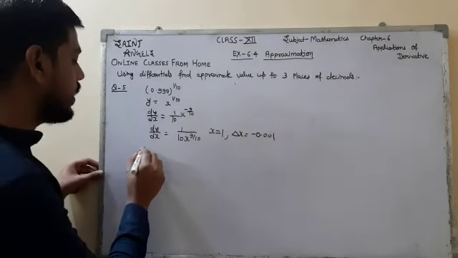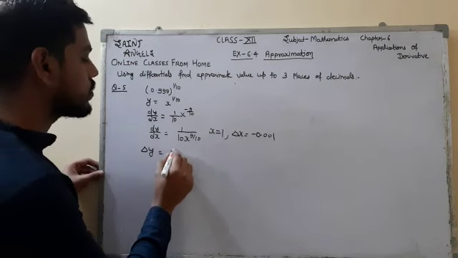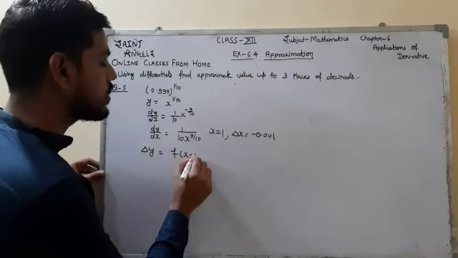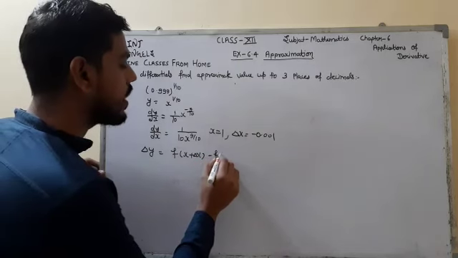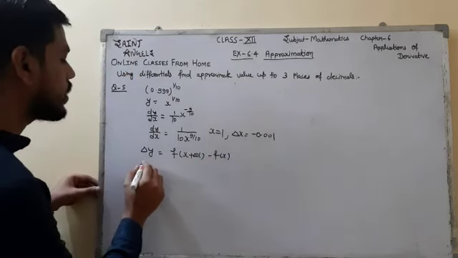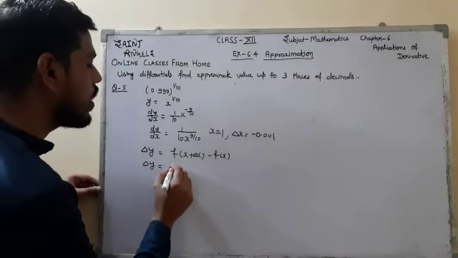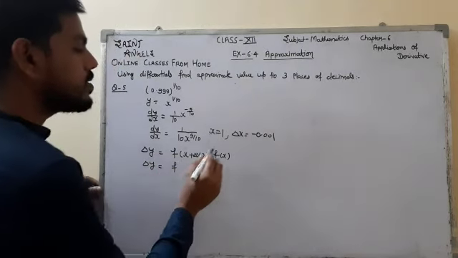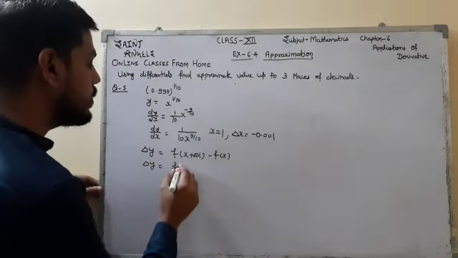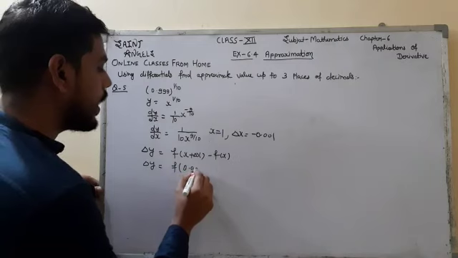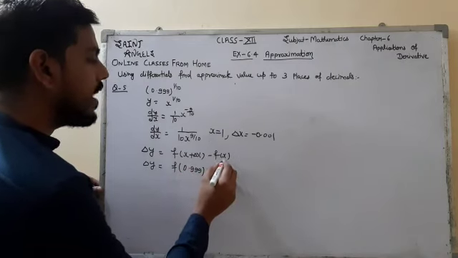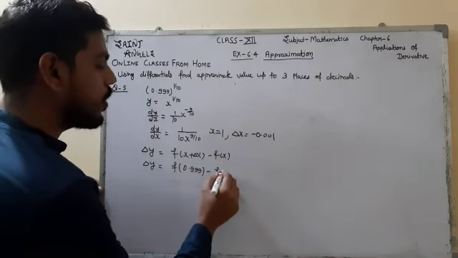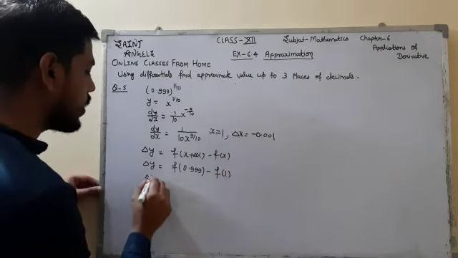Okay, now what would be the next step? We know that delta y equals f(x plus delta x) minus f(x). So delta y equals f(x plus delta x), meaning 1 minus 0.001, which means f(0.999) minus f(x), and f(1) is 1.